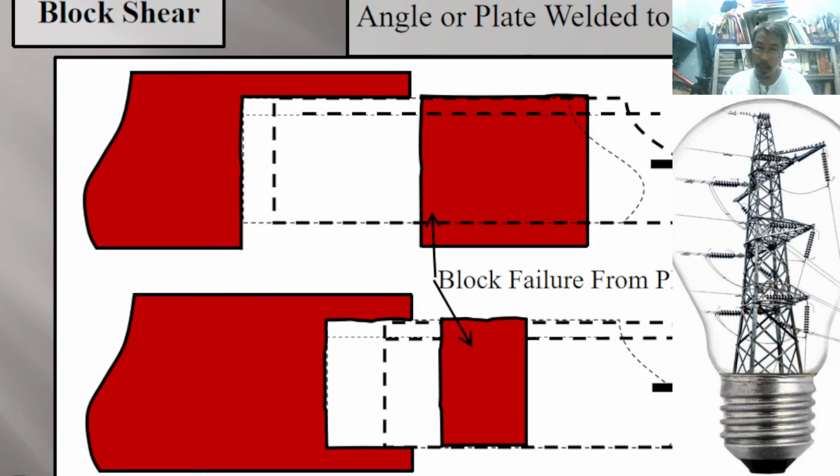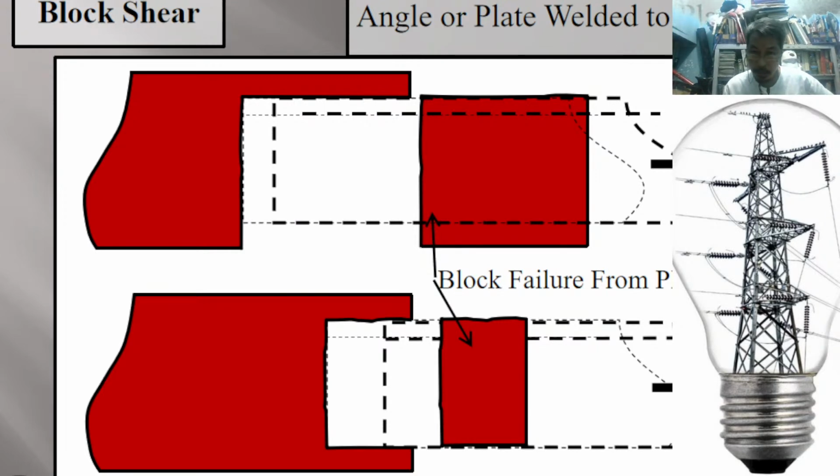Okay, so those are the concepts wherein a member attached to another member could fail by block shear failure. Okay, any question about this? This is the theory, the thinking coming out from the perspective of studies documented and put into principles and concepts.